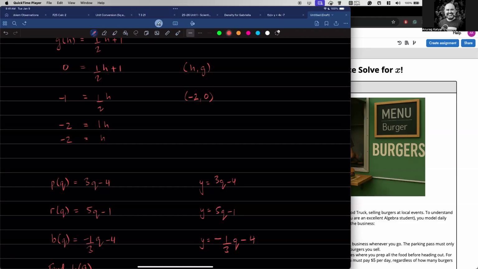Is anyone looking at anything other than 5q minus 1? Why are we looking at that function? It's a dumb question, but humor me. There's a point I'm trying to make. When I say R, why are we all looking at R of q equals 5q minus 1? It's the only R there.